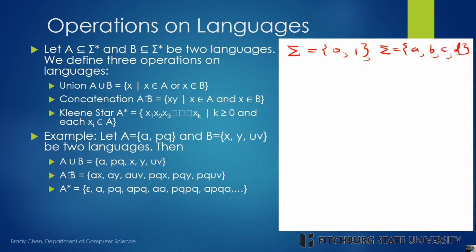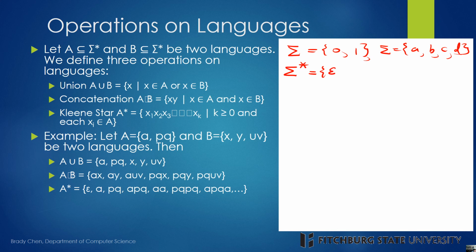And then we define sigma star as all the combinations of the alphabet. It's a string formed by the combination of the alphabet, and also including the empty string, which is epsilon.